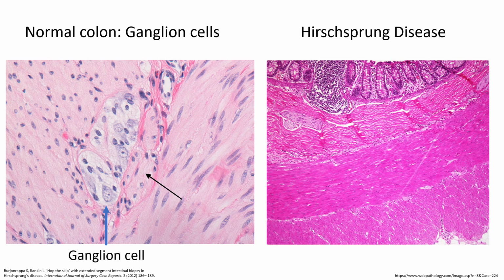In the picture on the right, we can see a full thickness section from a resection specimen of a colon, and there is absence of ganglion cells within the submucosal plexus, also known as Meissner plexus, and absence of ganglion cells within the myenteric plexus or Auerbach plexus. So this patient has Hirschsprung disease.